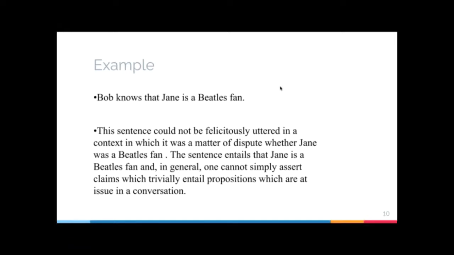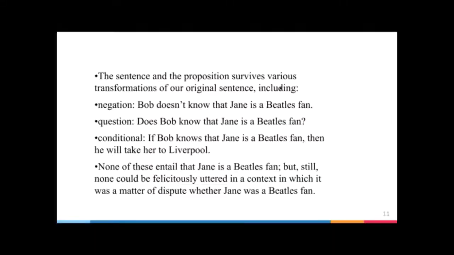The sentence and the presupposition survives various transformations of our original sentence, including negation, Bob doesn't know that Jane is a Beatles fan. Question, does Bob know that Jane is a Beatles fan? Conditional, if Bob knows that Jane is a Beatles fan, then he would take her to Liverpool.